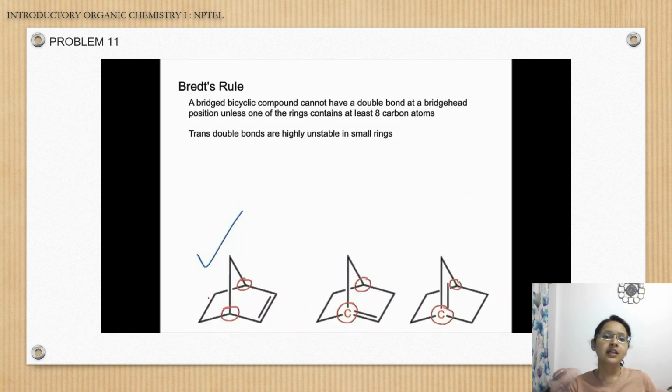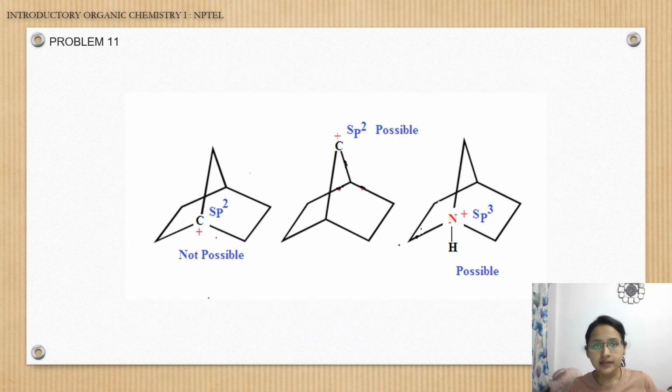According to Bredt's rule, what happens when a positive charge is generated at the bridgehead? What do you mean by bridgehead? This carbon and this carbon are the bridgehead positions. Whenever there is positive charge generation on the bridgehead, it is not possible.